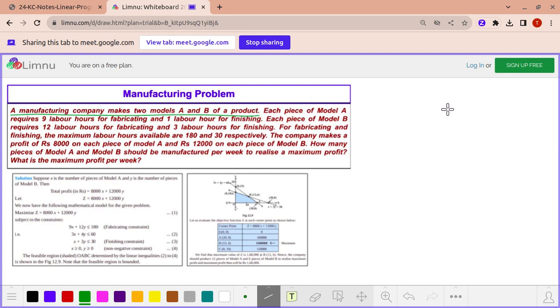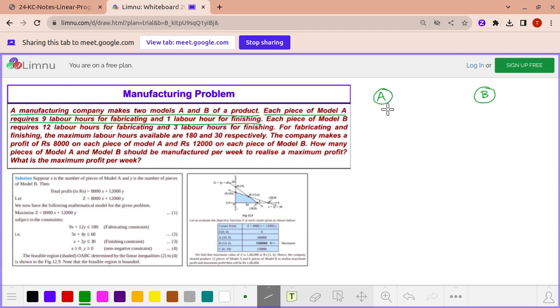Let me write it down here: model A and model B. Diagrammatically I am going to write down whatever the problem statement says. The tree structure diagram will make the problem easy to understand. Each piece of model A requires 9 labor hours for fabricating and 1 labor hour for finishing.